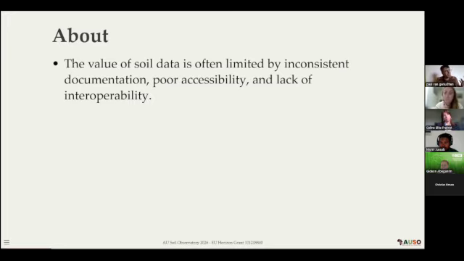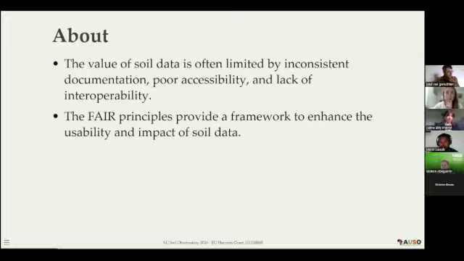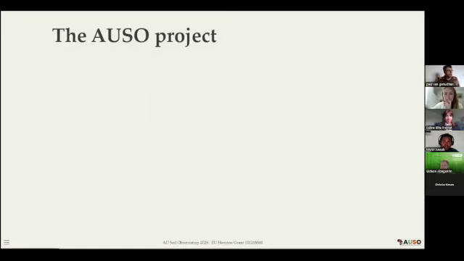So these are typically the aspects that are considered by the FAIR principles to be improved. And they give a quite clear framework how to enhance those aspects. And in this workshop, we'll focus a bit on the general principles and then specifically to those in soil data.